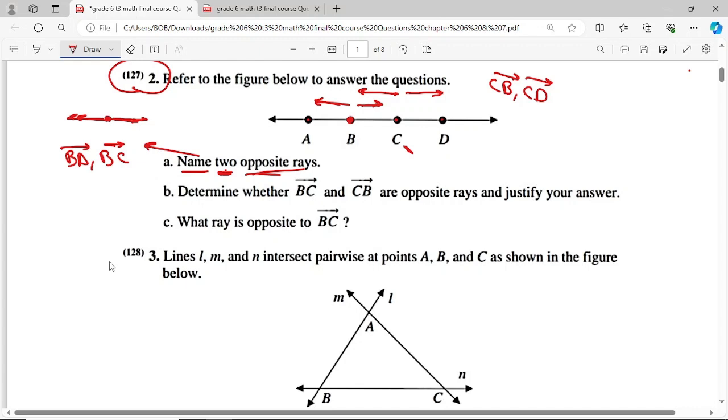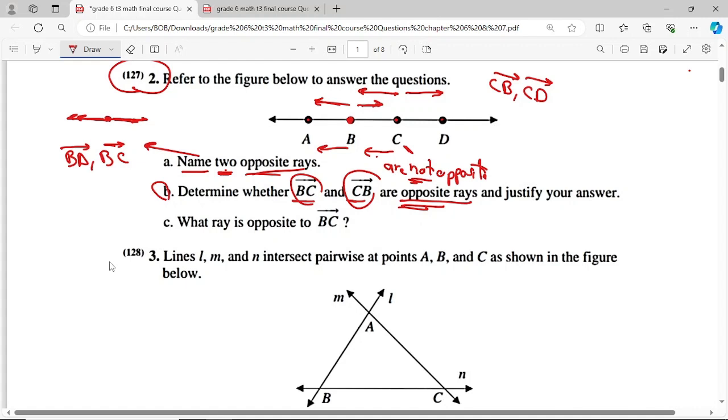Now, question number B, determine whether BC, this is the ray, and CB are opposite rays. Of course, these 2 rays are not opposite. Why?